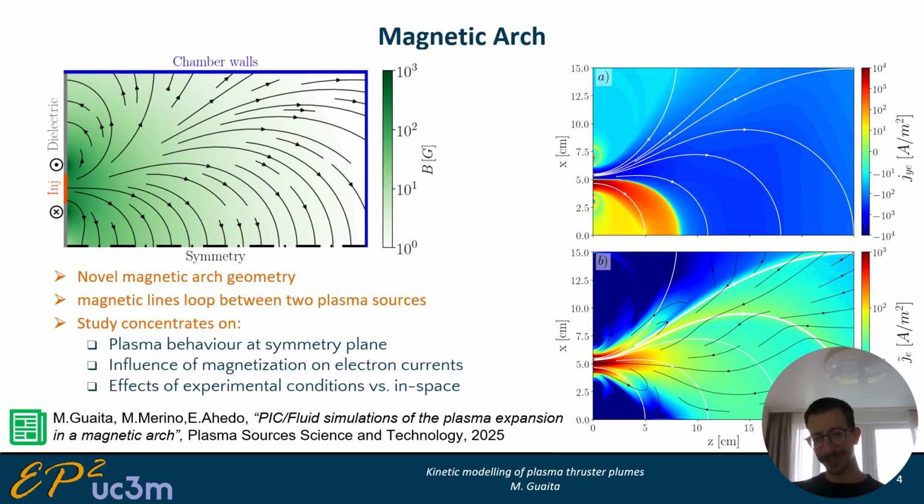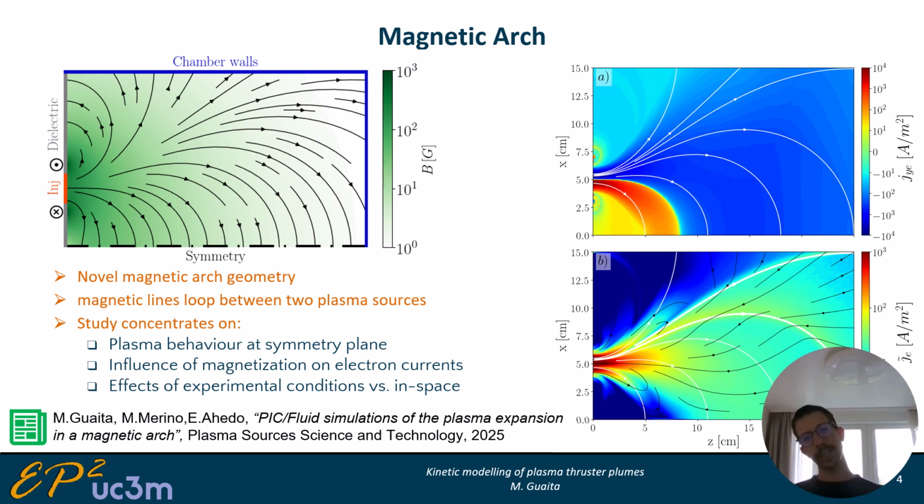And therefore, we are interested in modeling it. In particular, our study concentrated on the behavior at the symmetry plane of the plasma, where the plasma beams emitted by the 2 thrusters cross, and also on the influence of the level of magnetization of electrons on the electron currents.